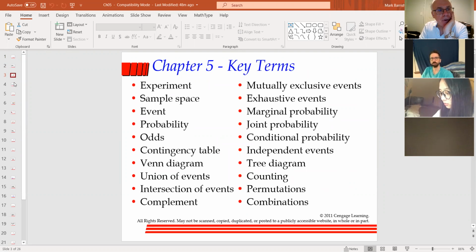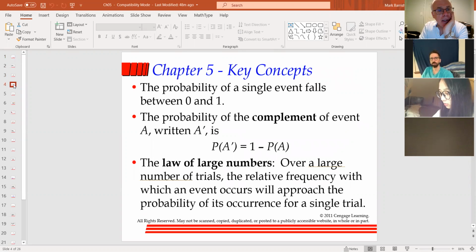We covered some of them so far. We've already gone over this, right? The probability of a single event goes from 0 to 1. Its complement is 1 minus the probability.